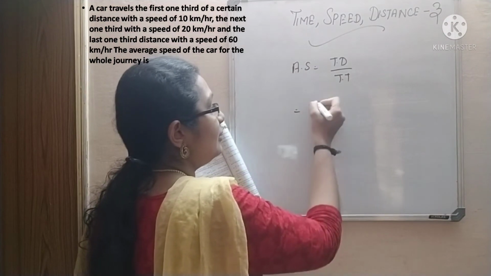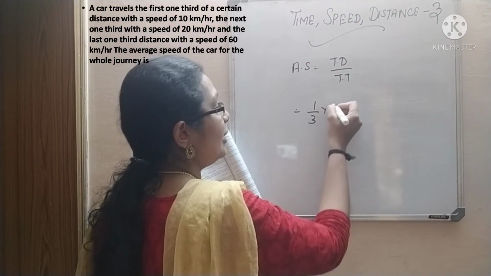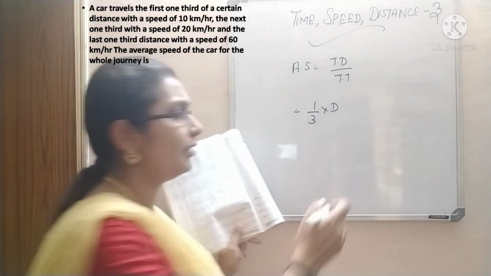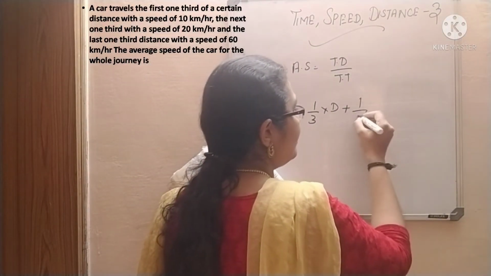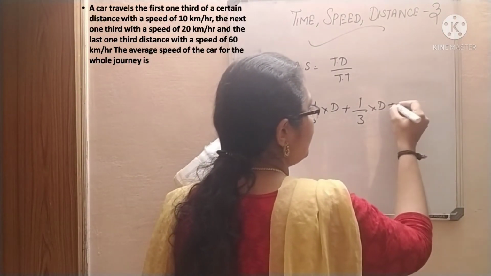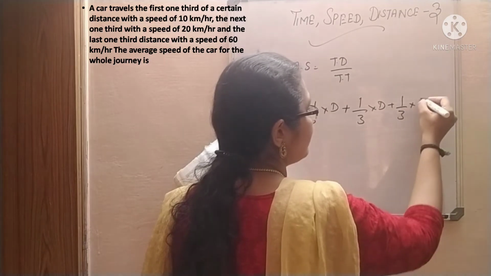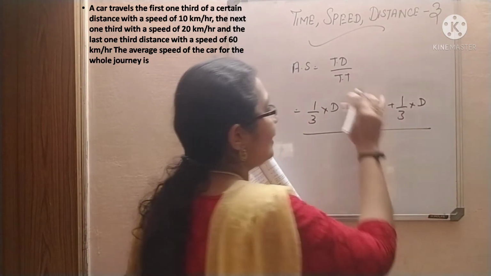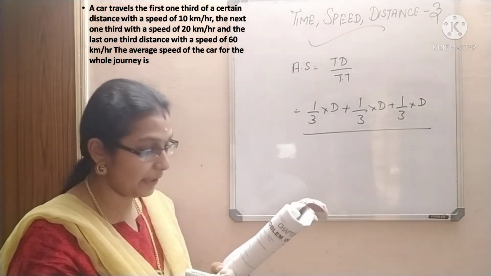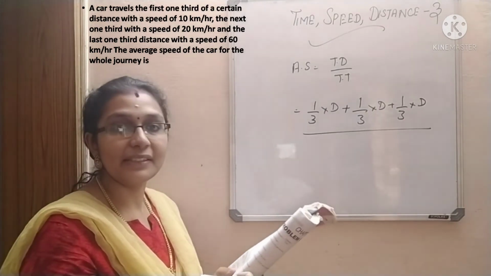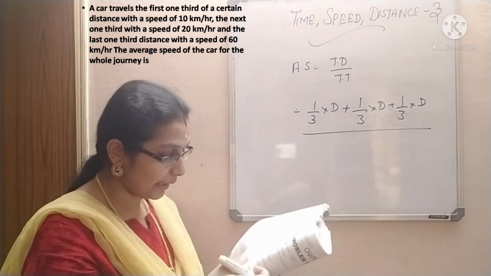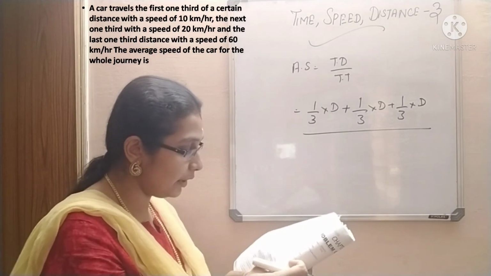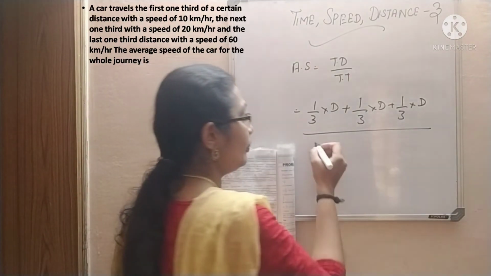Right? So 1/3 of the distance. So 1 by 3 of d you will put. Okay, total distance is split into 3 parts. Right? So you will write it as 1 by 3 of d. Clear? And time. Instead of time they have given us speed. So you will use the distance and speed concept to find the time. Okay? So 1/3 of the distance with a speed of 10 km per hour.